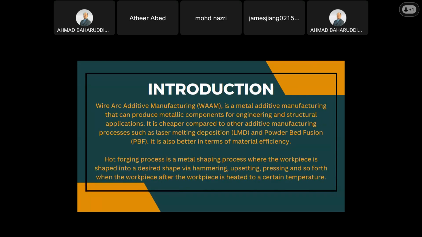And why it is so favorable in the industries nowadays is that it is cheaper compared to other additive manufacturing processes such as laser melting deposition, LMD, and also powder bed fusion, which is PBF. And it is also better in terms of material efficiency. Now, even though it is better, it may have some defects here and there. So that is where the hot forging process comes in as a finishing process to enhance the material.